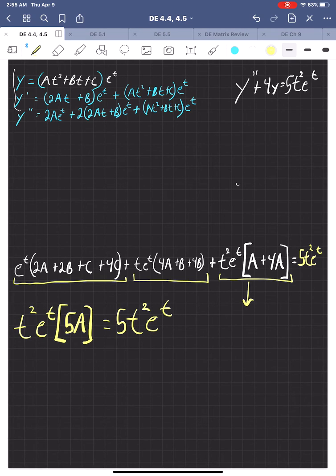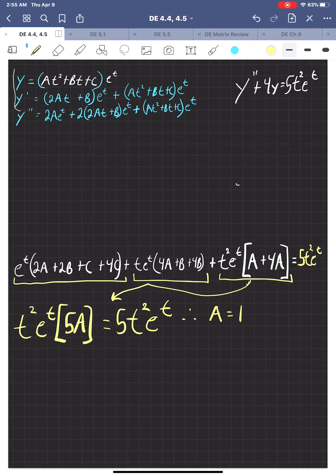Now, I want you to tell me, just looking at that first term, what must a be equal to so that that equation balances? Well, a would have to be equal to 1.